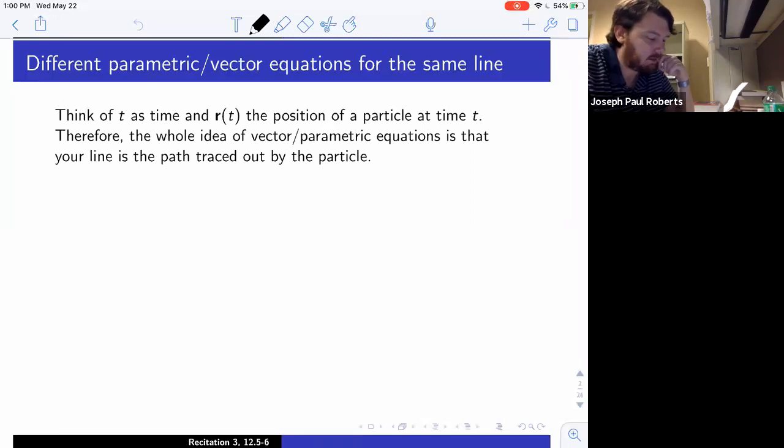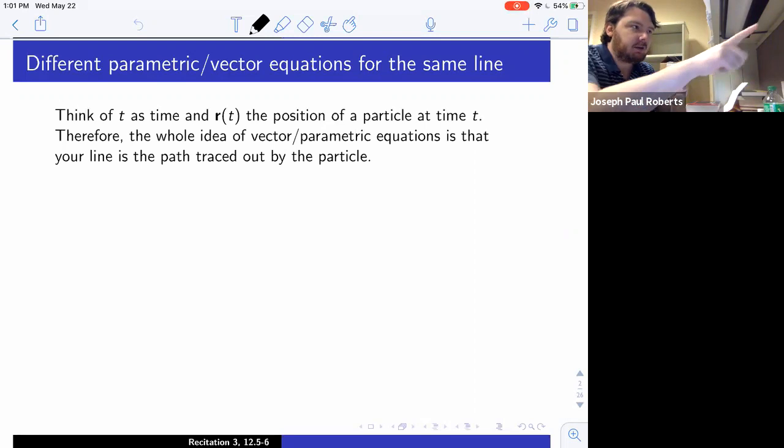The reason for that, intuitively, you could think of t as time, and r of t is the position of some particle at time t. For these line equations, our particle is moving in a straight line, tracing out its trajectory, its path. If I have the particle going in this straight line, I could go in this direction at a certain speed.